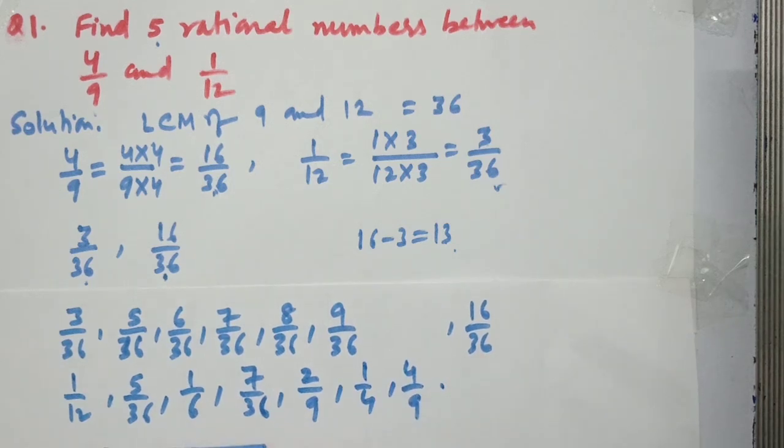Okay, so this is how we get 5 rational numbers between the two given rational numbers.